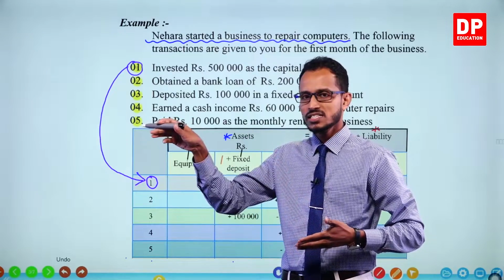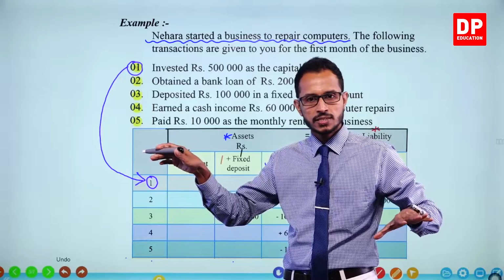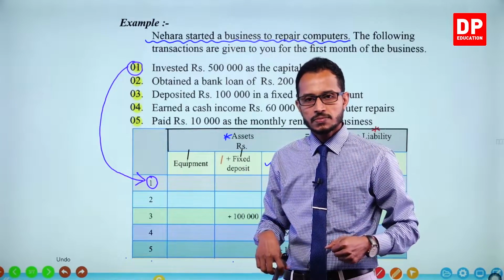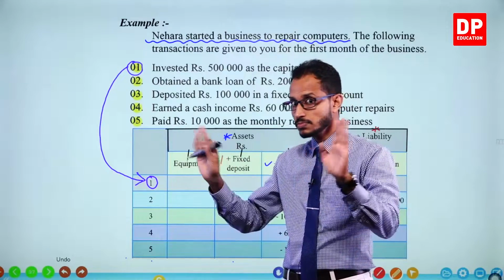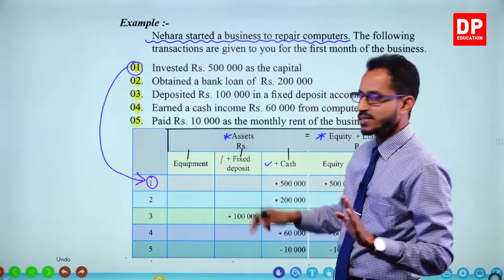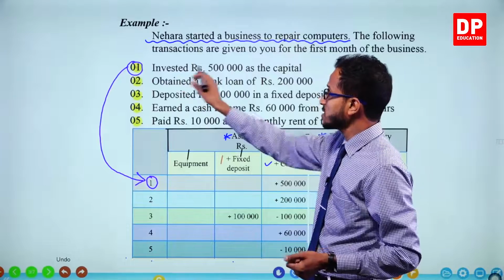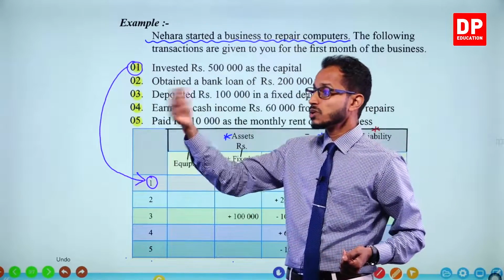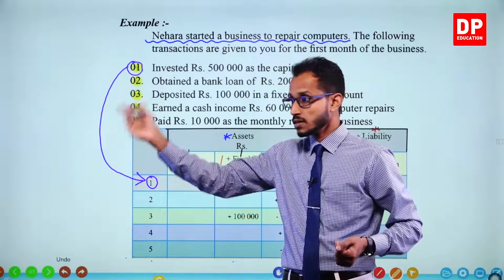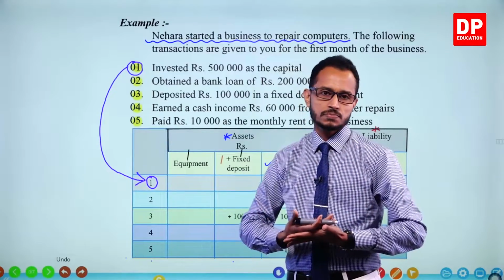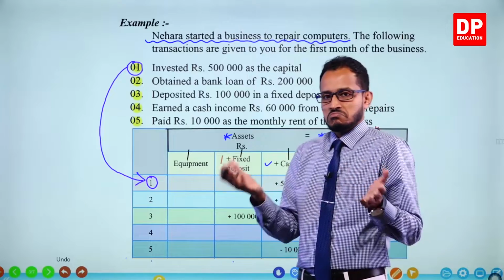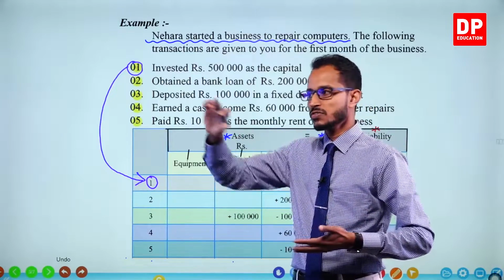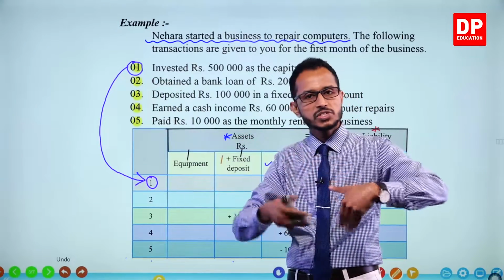Okay? Owner is a separate person. Business is a separate unit. Our point of view is not the owner's point of view. Investing cash 500,000 means it's not our money, it's the owner's money. It comes to us. We are the business. In the business, cash increases because of the 500,000 which is coming in.